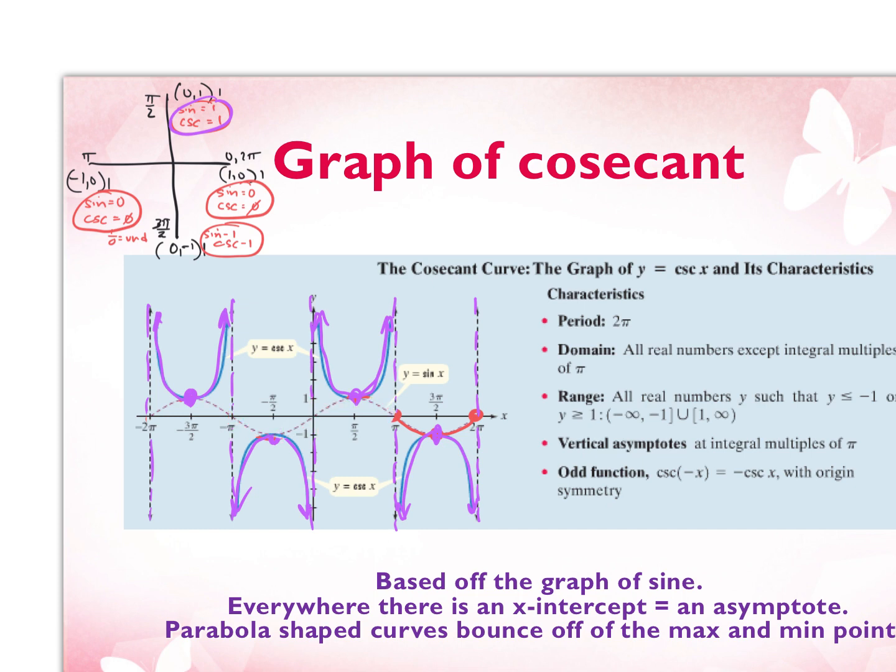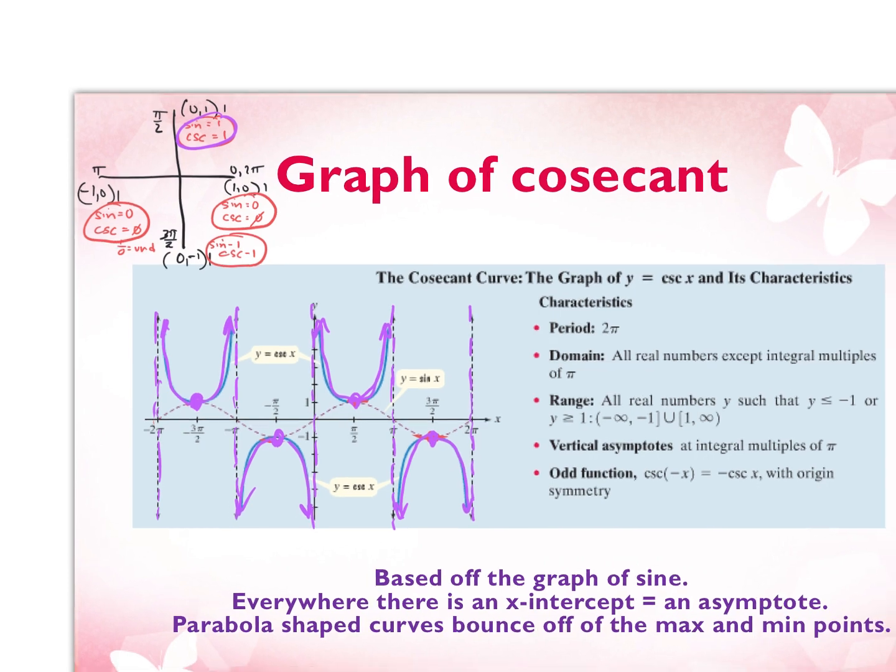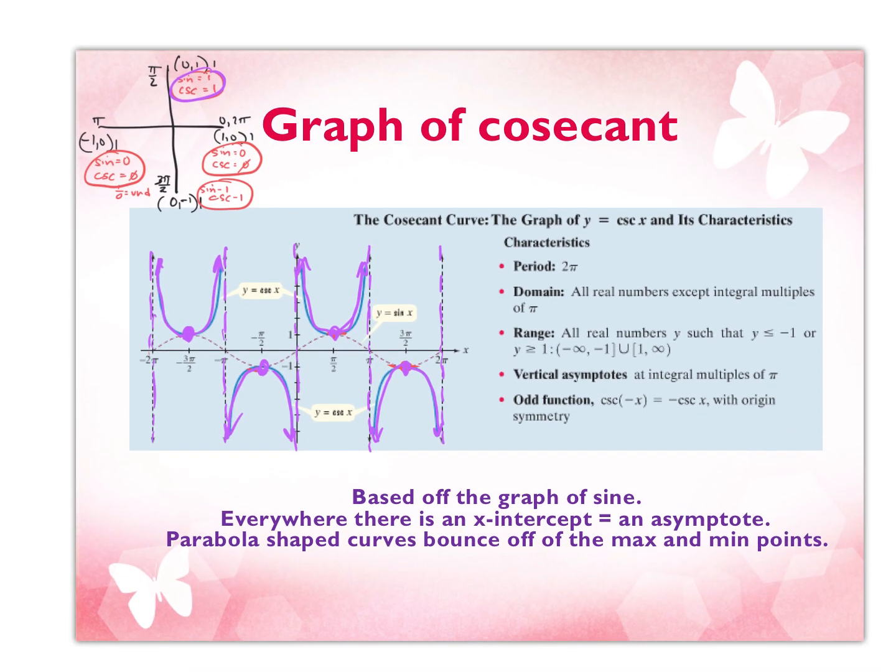So you can actually erase the sine part and just be left with the part that represents the cosecant graph, which would be your asymptotes and these points and these parabolas. If you leave the original sine graph, I'm totally fine with that as well. So the trick to this is really to graph a proper sine graph, and then the cosecant bounces off of that.